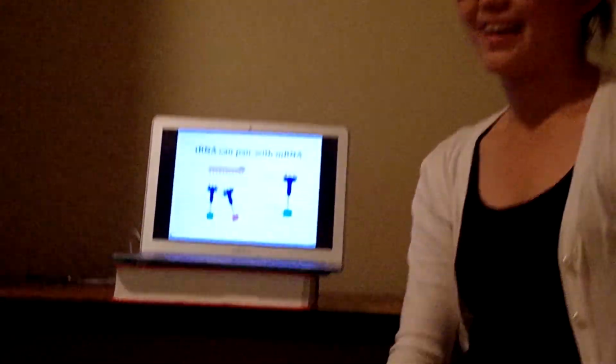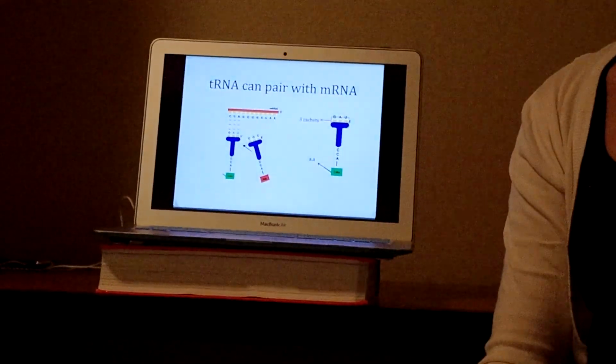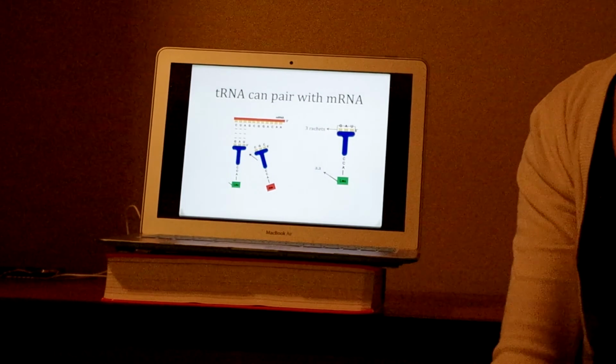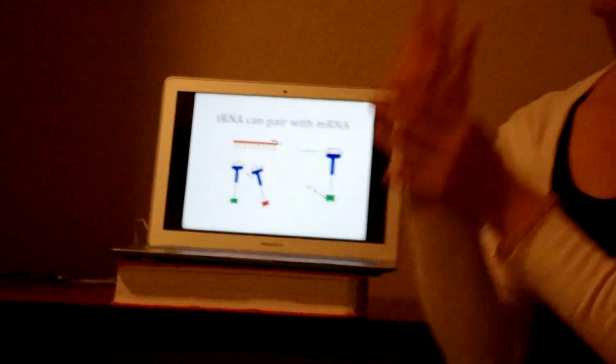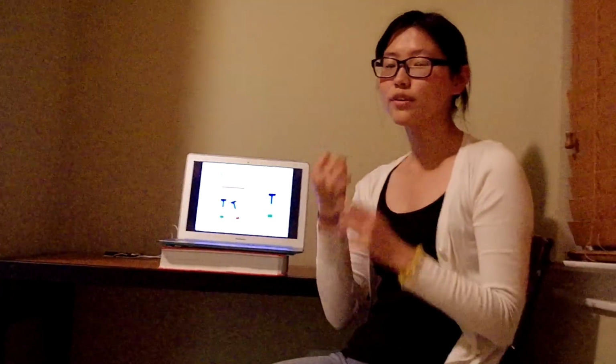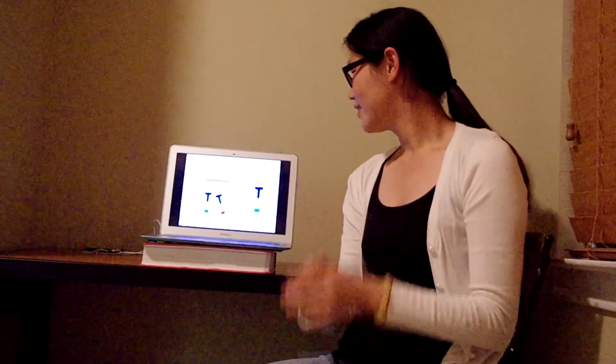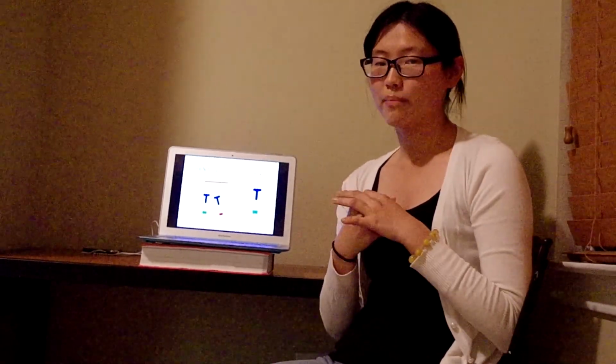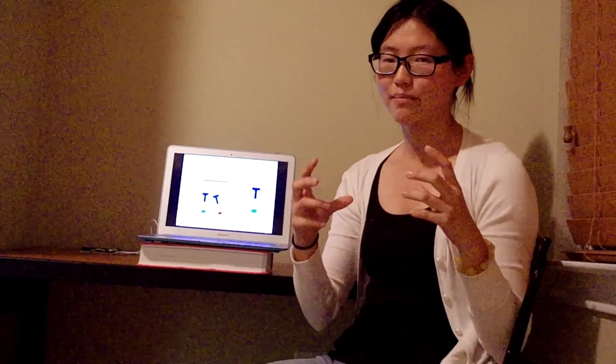Okay, tRNA. In order to understand what a tRNA is, we need to understand 3 points. The first point is that tRNA also comes from a portion of a zip.